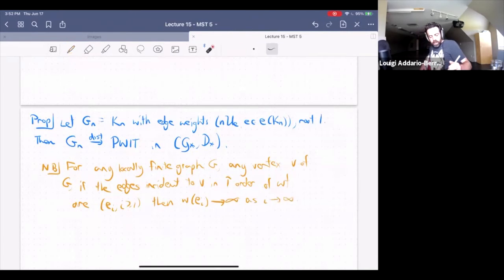Another possibility is that this vertex only has finitely many neighbors. But if it only has finitely many neighbors, you can think of the weight of e_i as formally being equal to infinity after some point.